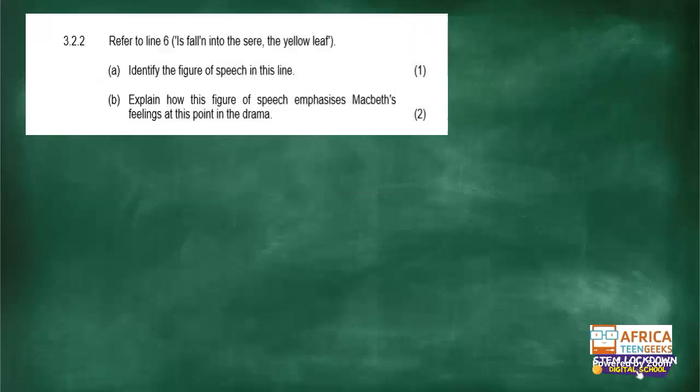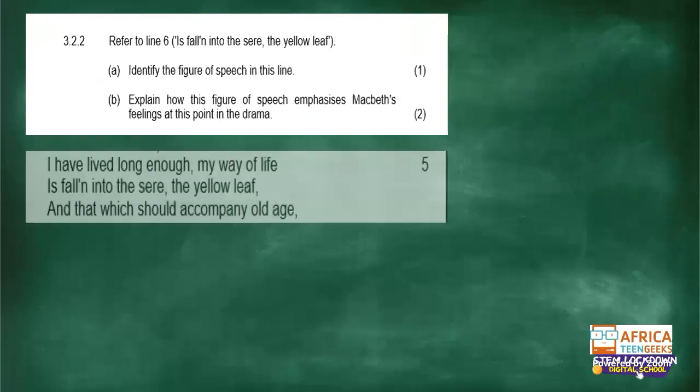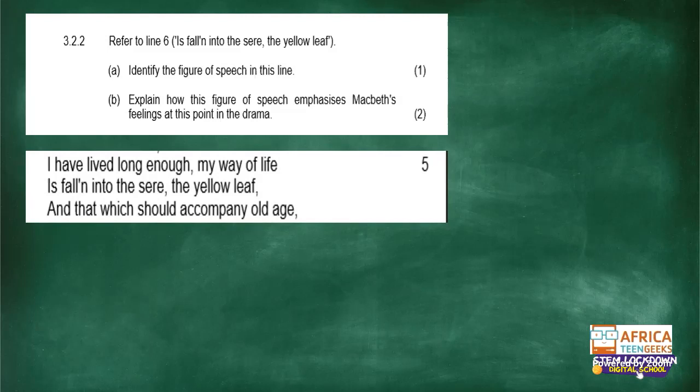Right, let's move on. Here they say refer to line 6 and identify the figure of speech. Line 6 says, "My way of life is fall'n into the sear, the yellow leaf, and that which should accompany old age."